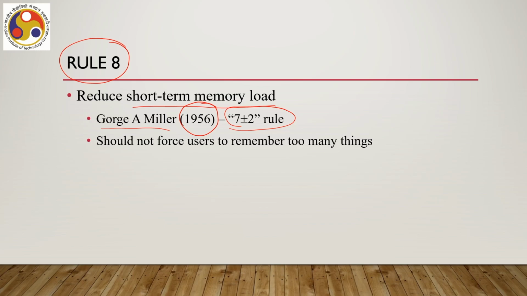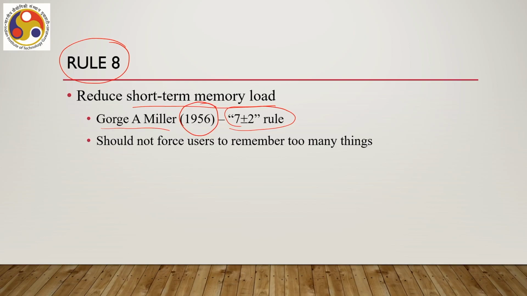That is our limit. If we keep less, then we are underutilizing our short term memory, and if we try to keep more, then we are overutilizing. So, keeping more is actually harmful.